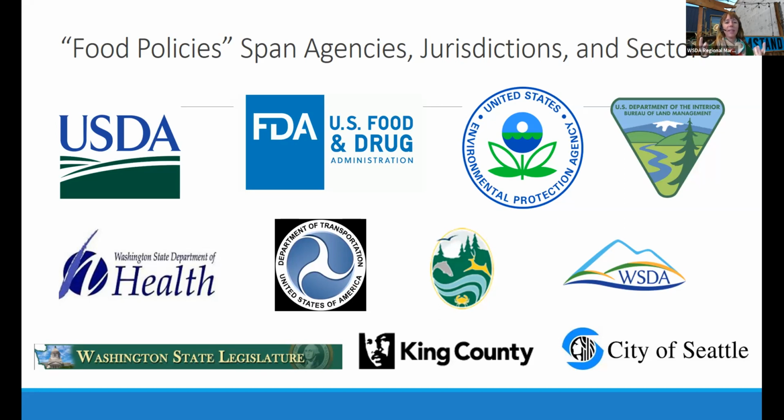So I just pulled together here an assortment of federal, state, and local government agencies that are all involved in making policies, have regulations, and fund activities that impact food: how we make, process, distribute, access, and dispose of waste from food. So that's complex as well.